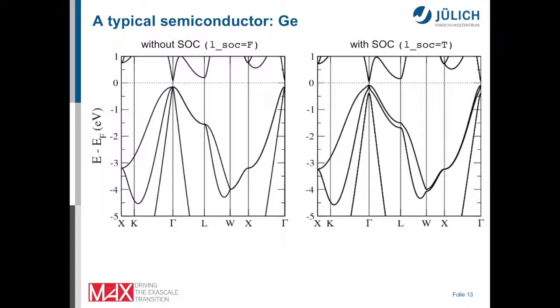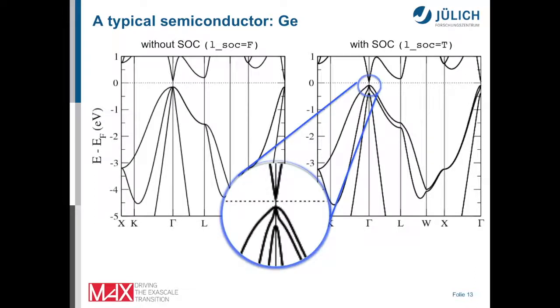Okay, this looks not very different here, but if you focus on the gamma point around the Fermi level, then you see here you have a threefold degeneracy in the valence band, and here you see that this is split, and you have a two-fold degenerate state here and a one-fold degenerate state here. So since these are all p electrons that form these bands here, what you see is nothing else than the typical p 1/2, p 3/2 splitting which you encounter in an atom.